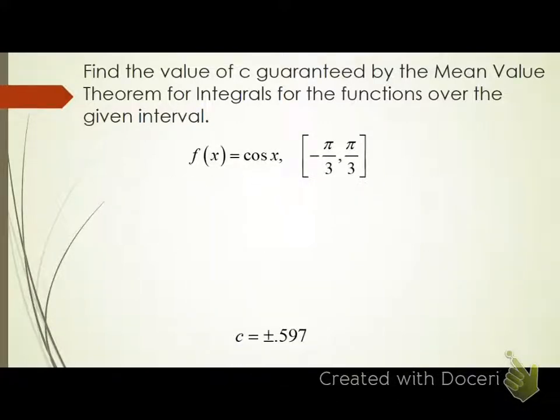Okay, whoa, why is there a negative? Look at my interval. My interval is from negative pi over 3 to pi over 3. Guys, think about it. A smart trig class, there's another answer in that fourth quadrant. So that's why it's the positive and the negative 0.597. Does that ring a bell?